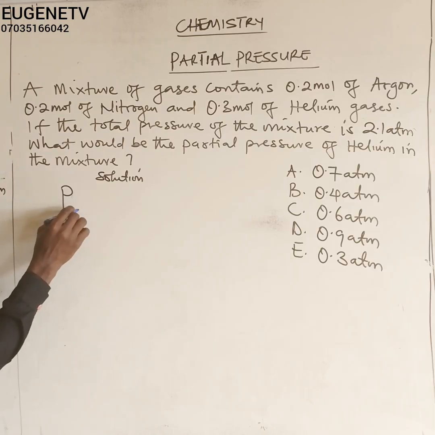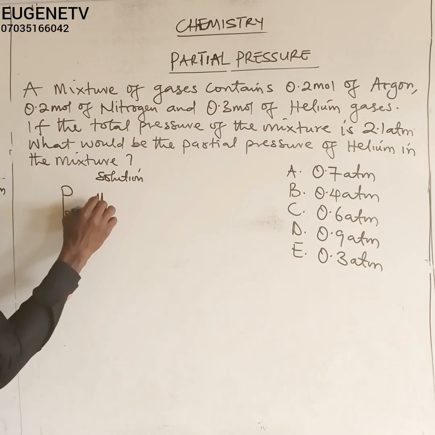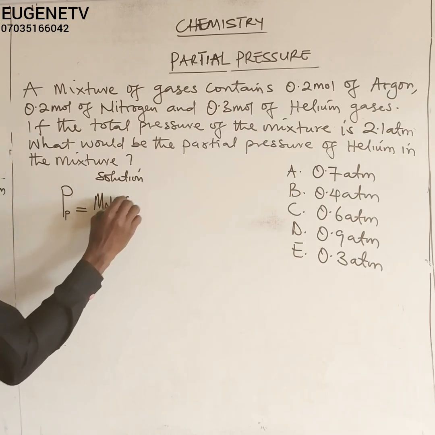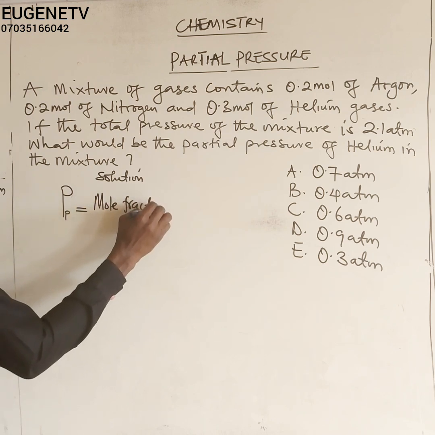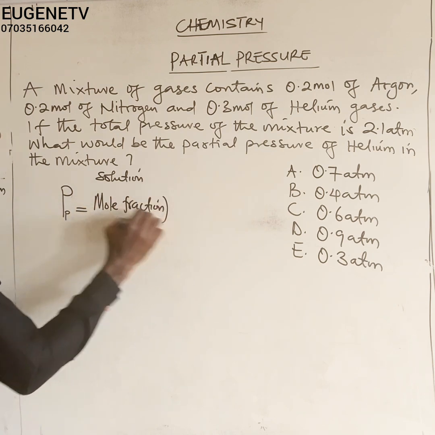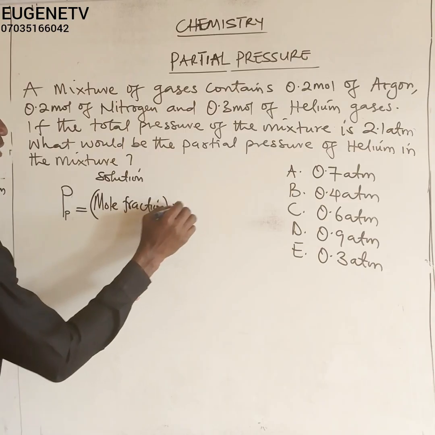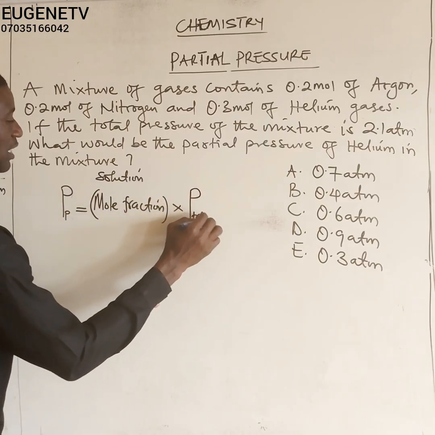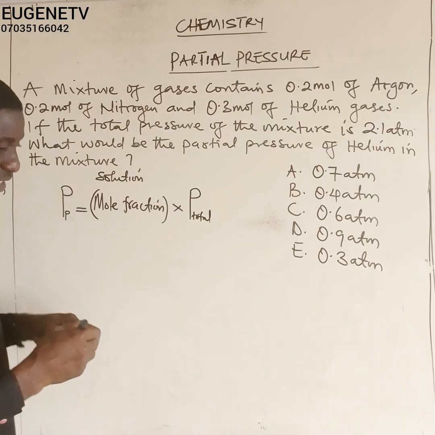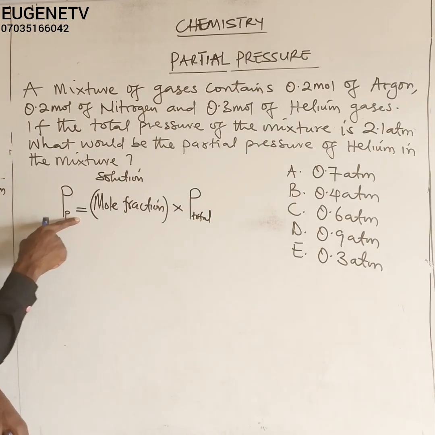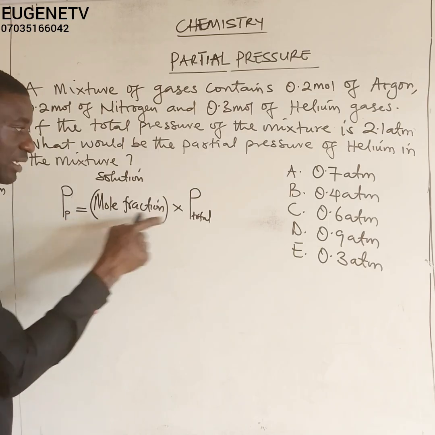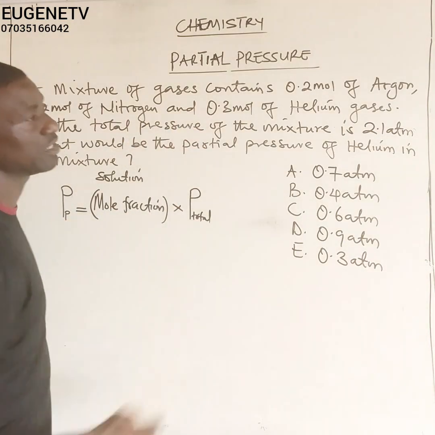So P partial is equal to mole fraction multiplied by total pressure. Total pressure is written as P total. So the partial pressure of any gas can be determined by multiplying the mole fraction of that gas by the total pressure of the gas mixture.